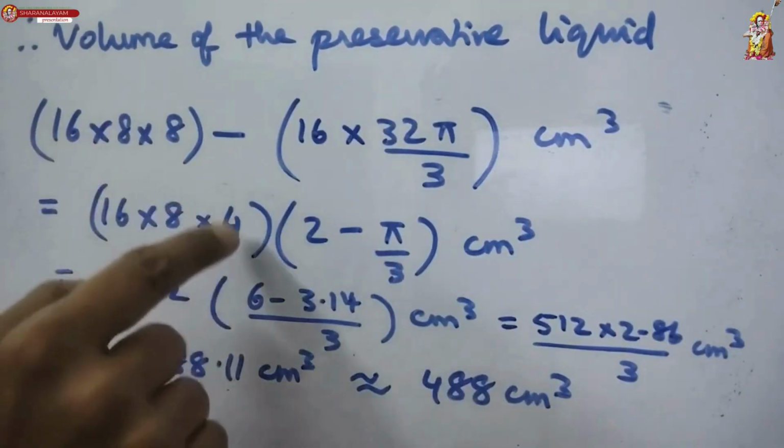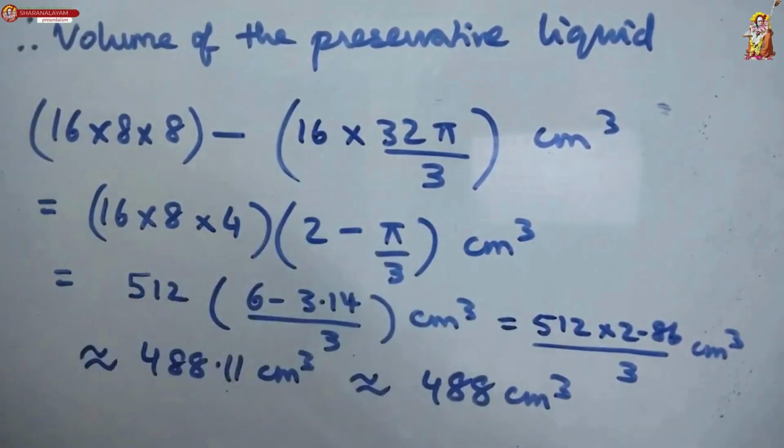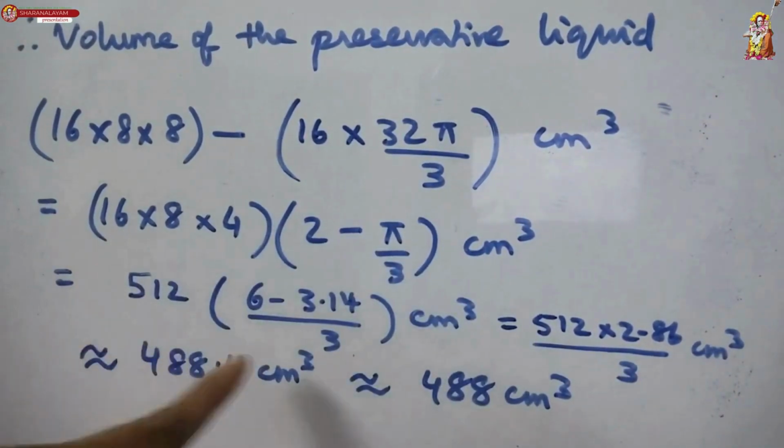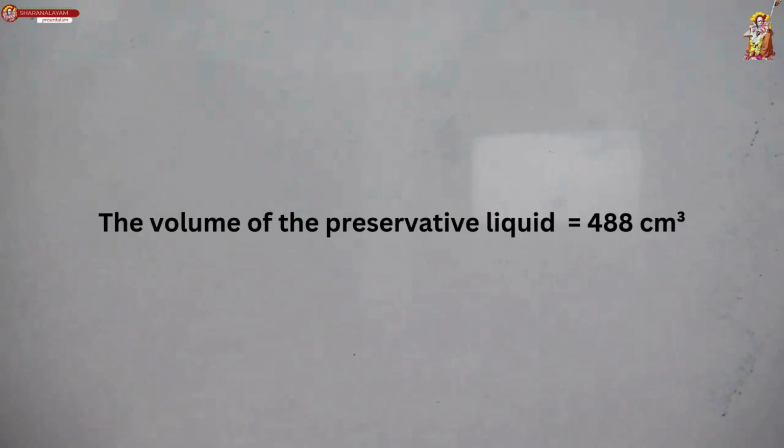I have 16 into 8 into 4 as common and 2 minus pi/3 will come in this bracket. So working that out, we have volume of the liquid to be approximately 488.11 centimeter cube or approximately 488 centimeter cube. Hence, the volume of the preservative liquid when 16 metal spheres are packed in the rectangular box is 488 centimeter cube.